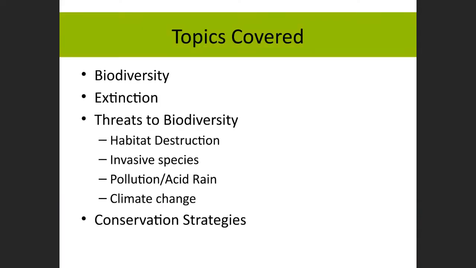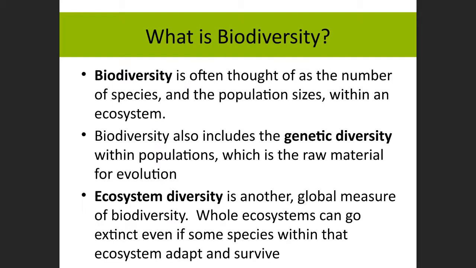So these are all of the topics we're going to cover very briefly. What is biodiversity? Why is it important? A little more in depth into extinction, and then some of the biggest threats to biodiversity. Obviously, these are not the only ones. And then very briefly, some strategies to combat all of these threats.